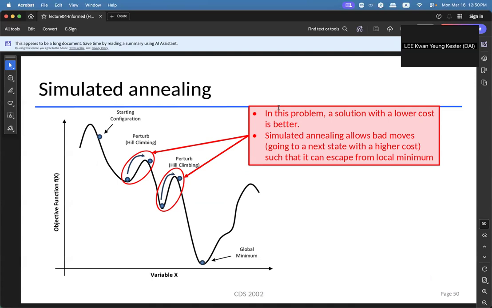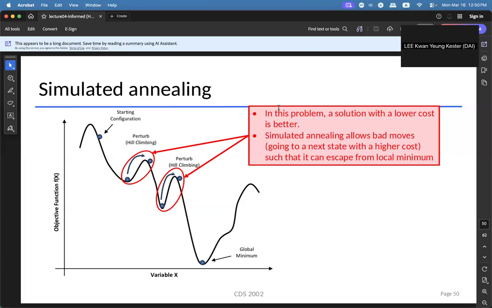The idea is simple. If your search goes on for a long time, your algorithm should be able to locate a state that is very close to the global minimum or global maximum.